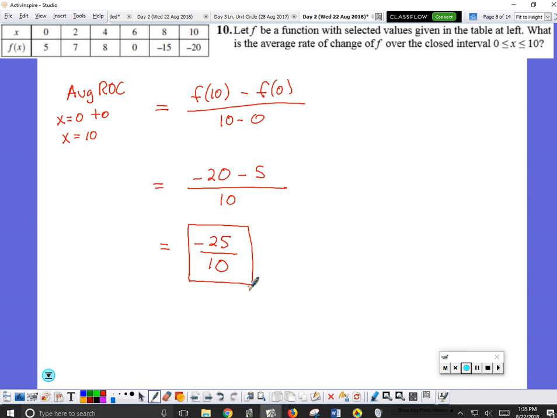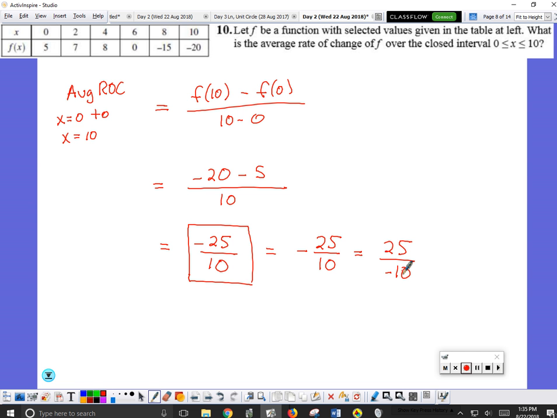Sure, please. So normally with fractions, it doesn't matter if you put it out to the front. With these, if it's a negative for the output, like how it's negative 25 over 10, we also write it as... Yeah, any of those are fine.